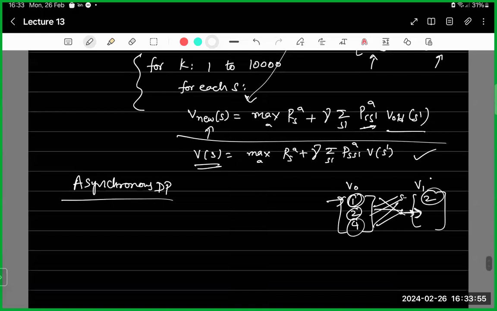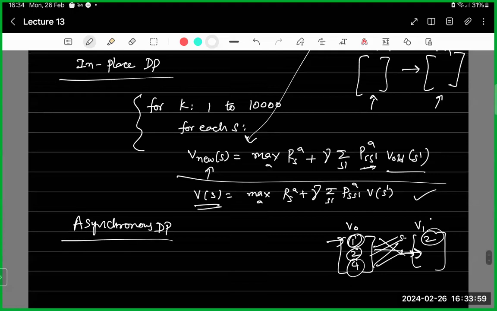So asynchronous DP is, as I said, for when you have a large state space. In every iteration, you are updating the value of each state in this algorithm, right? So maybe let's think of some MDP where there are a lot of states. Let's say a chess game, it will have a lot of states, right?